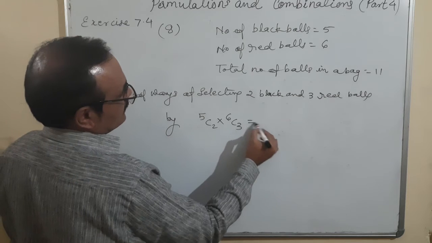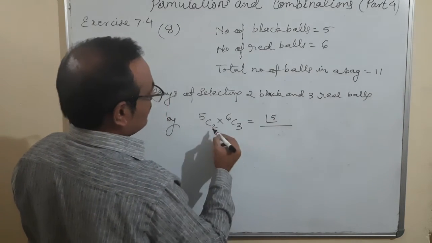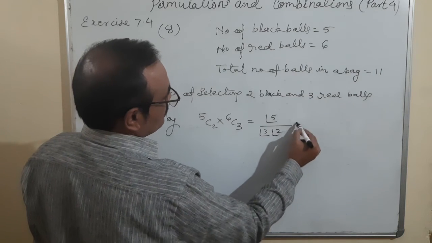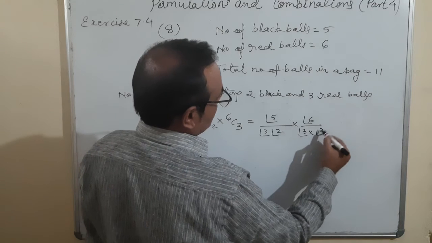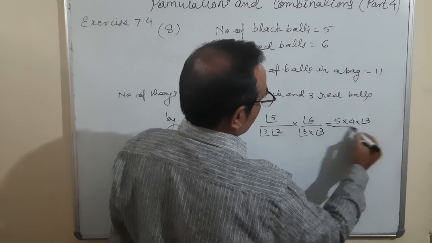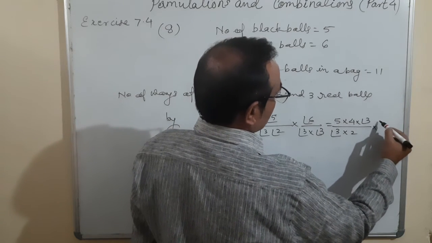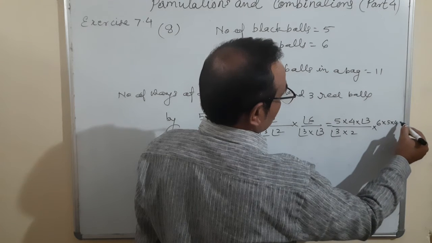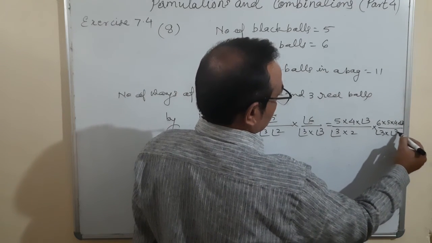Factorial 5 upon factorial 5 minus 2, factorial 3, factorial 2, and factorial 6 upon factorial 6 minus 3, factorial 3, into factorial 3. So 5 into 4 into factorial 3 upon factorial 3 into 2, into 6 into 5 into 4 into factorial 3 upon factorial 3 into factorial 3.